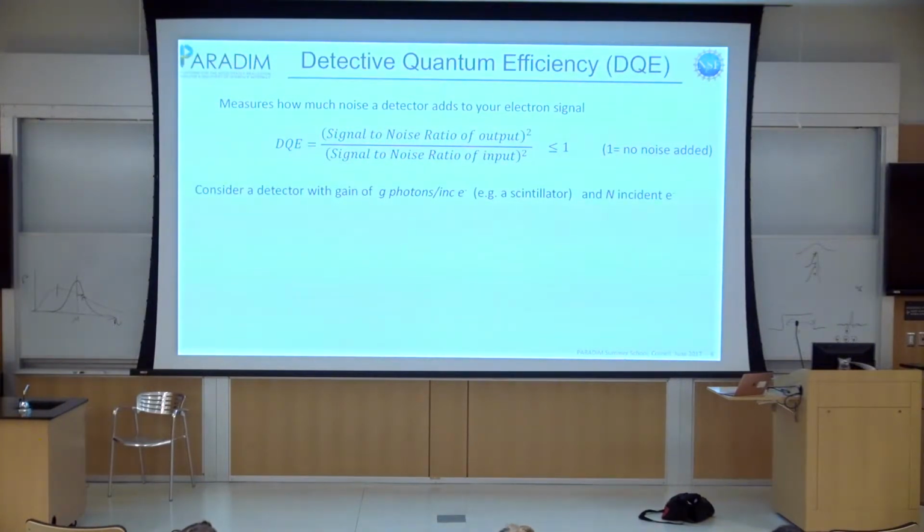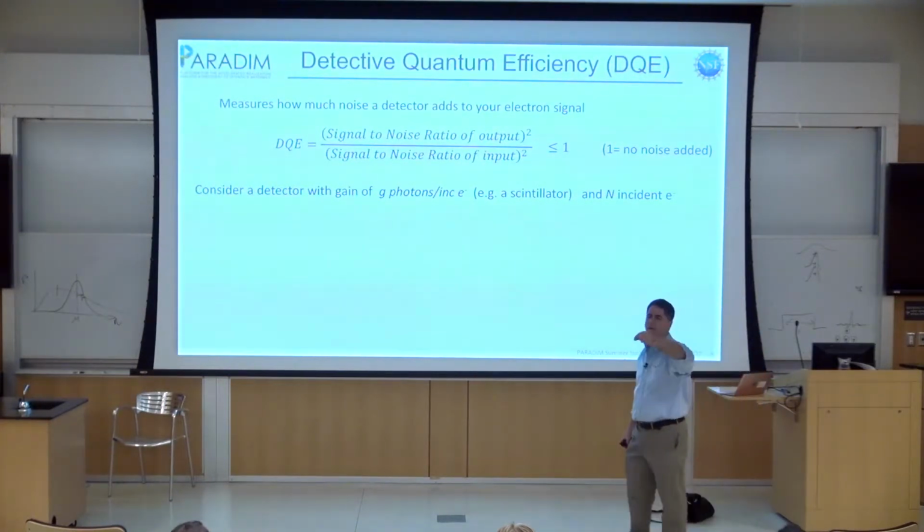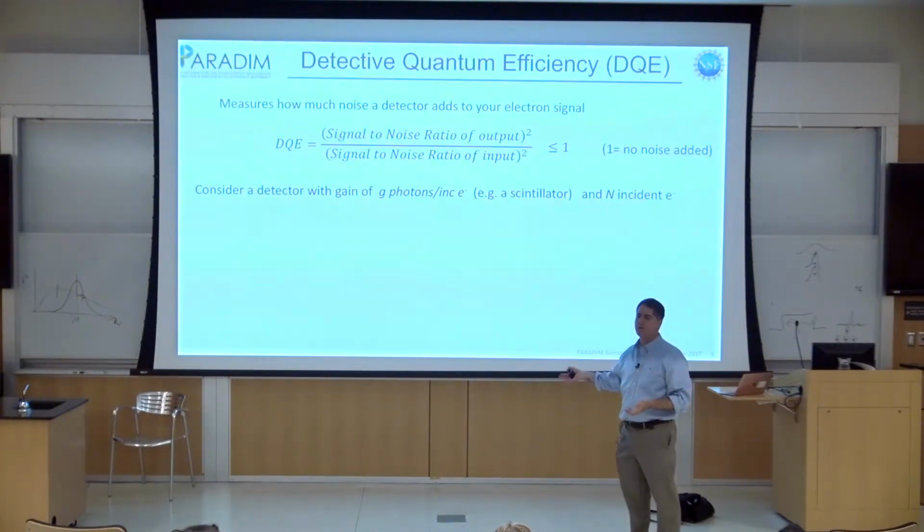So here's just a quick numerical example. A typical detector would be like a scintillator and a CCD camera. So the scintillator takes 1 electron in, and that 1 electron goes through the scintillator and generates a huge number of electron hole pairs that recombine and emit multiple photons.